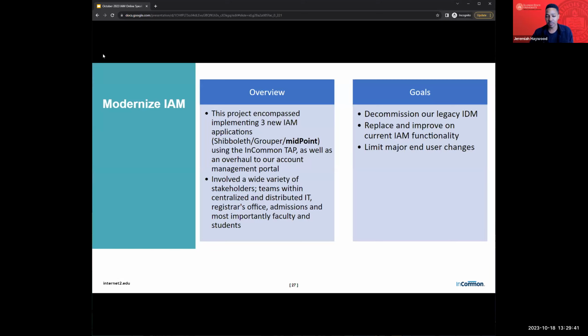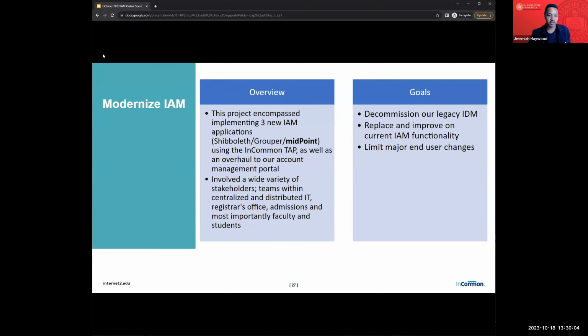This project involved working with a large variety of stakeholders: centralized IT, some of those distributed units that relied on the functionality that our identity system was providing, and, of course, our registrar's office, admissions, and faculty and students.